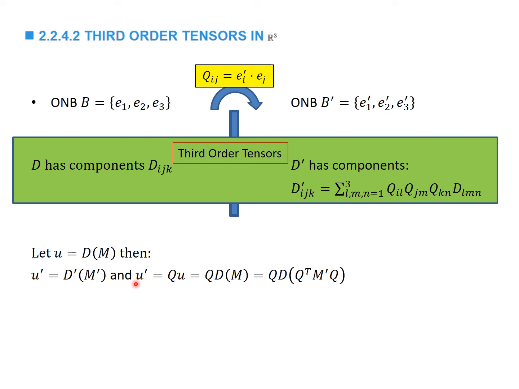We also know that U prime, because it's a simple change of basis and it's a vector, is equal to Q multiplied by U. And U is equal to D applied to M. And M, because of the change of coordinates, is related to M prime with the relationship Q transpose M prime Q.